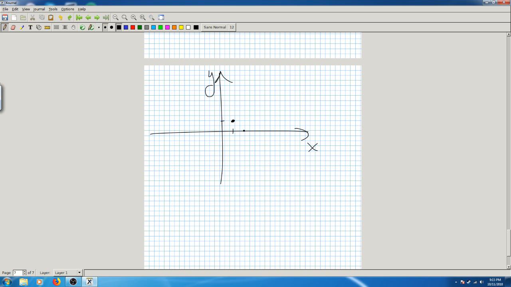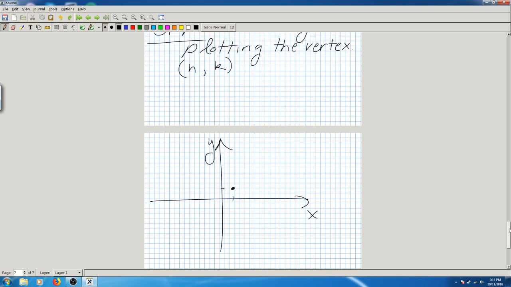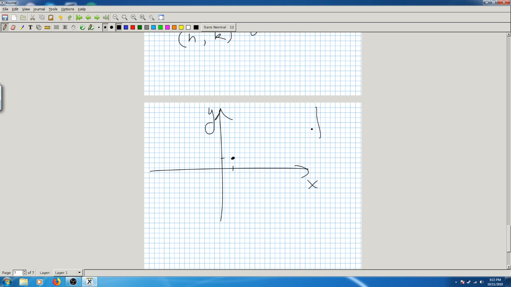And that's where the 2 comes into play. So when I plotted the base curve, I mentioned that I plot basically the same curve every single time. When we first plotted the base curve, we had a table of values. But I don't want to keep doing a table of values if I know approximately what the curve is going to look like. It's going to look like this, approximately.